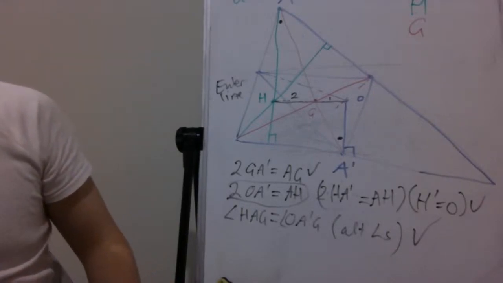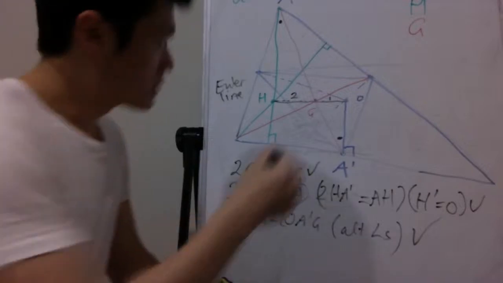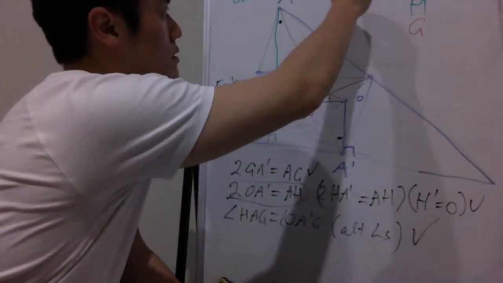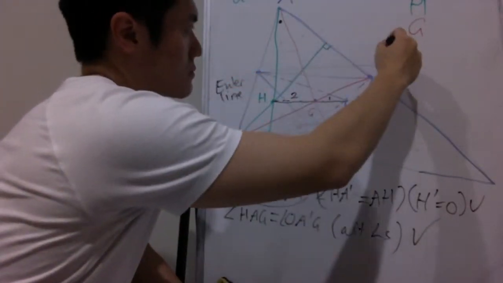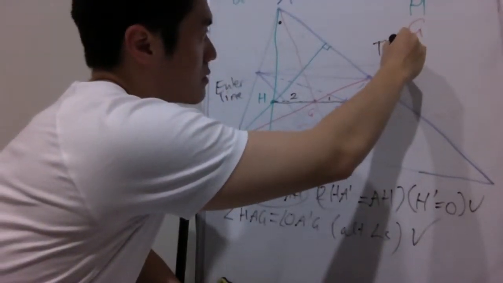Let me just say what they say, even though it's the same. So the Orthocenter theorem is theorem 1.71.